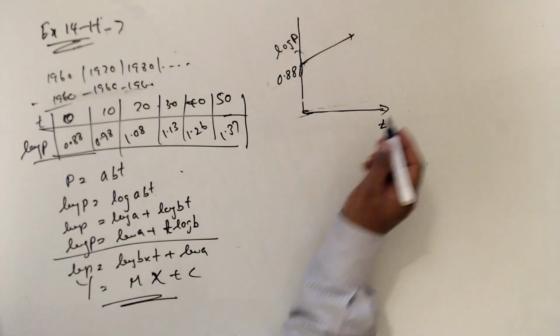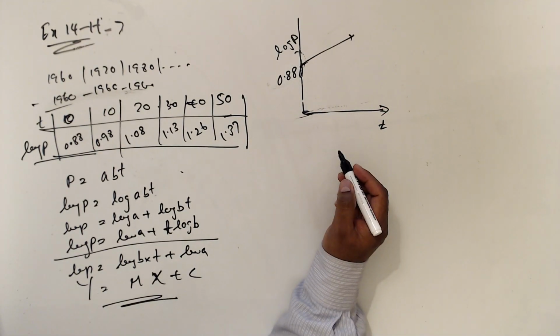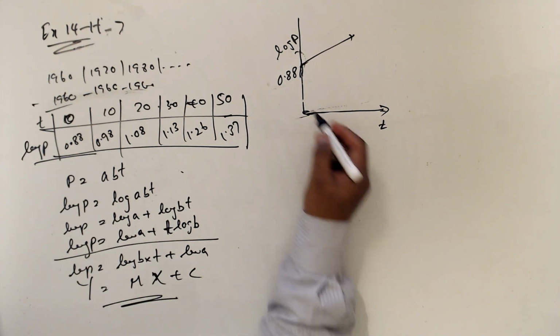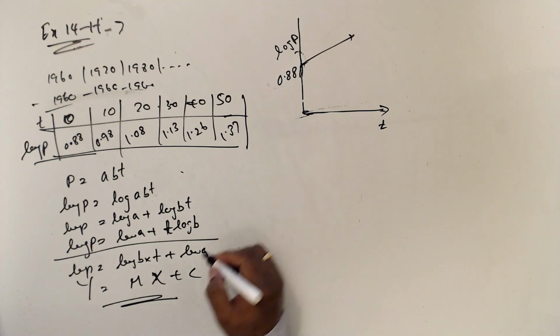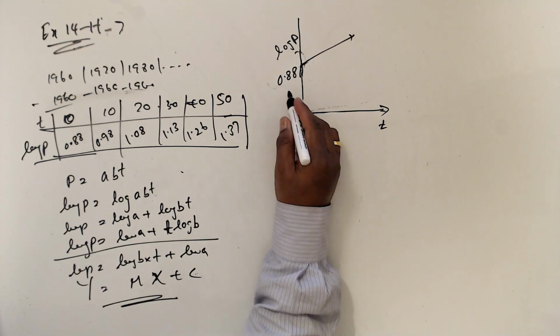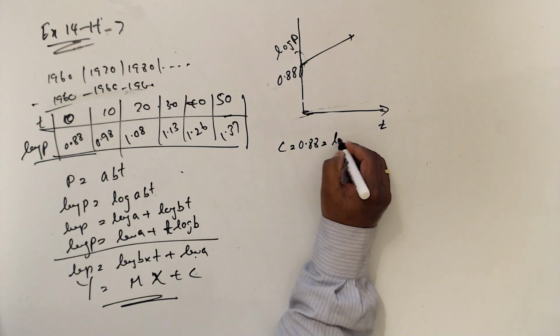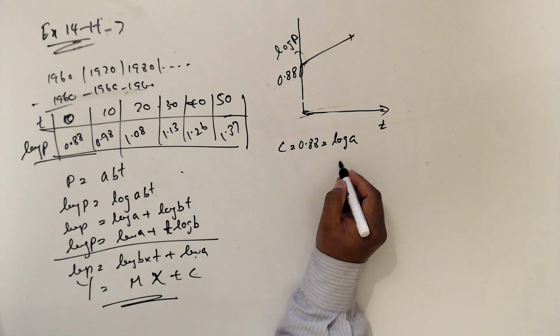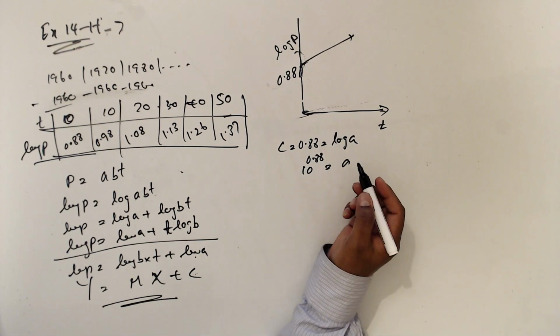You may get this kind of graph. So this is approximately 0.88, the vertical intercept. So that is going to be c equals 0.88, which is equal to log a. So then a equals 10^0.88.